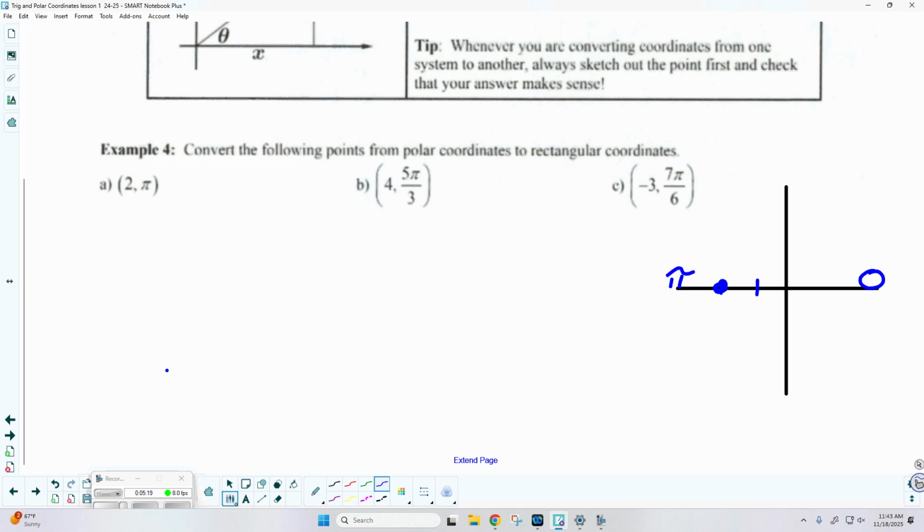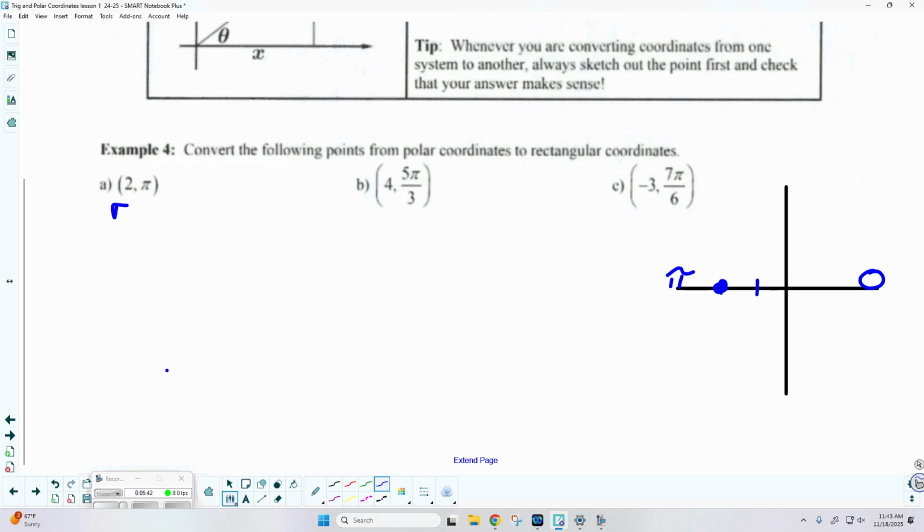Now, because it's on the axis, we know that's a what? What's that big word that starts with a Q? Quadrantal, exactly. Just looking at this, you could probably tell me what the equivalent rectangular coordinate is going to be. Anybody got a guess? Yeah, (-2, 0). All I did was move 2 units left of the origin. But let's go ahead and see how that works out.